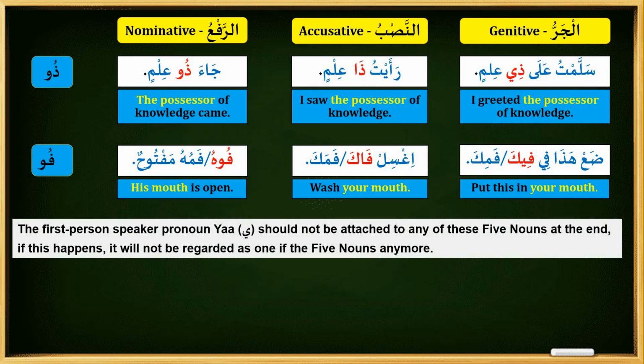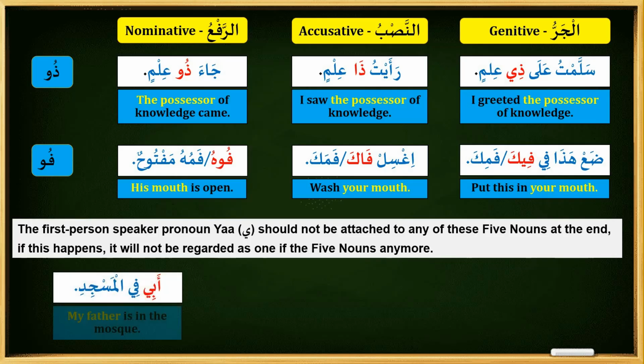Please note that the first person pronoun ya should not be attached to any of these five nouns at the end. If this happens, it will not be regarded as one of the five nouns anymore. Examples: أبي في المسجد.